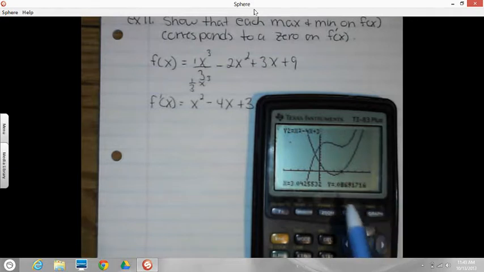Oh, it got off of 3. Trace 3. There it is. Oh, jump back up there. Trace 3. I don't know why it won't stay down there. But I think we can see that that's what's happening.